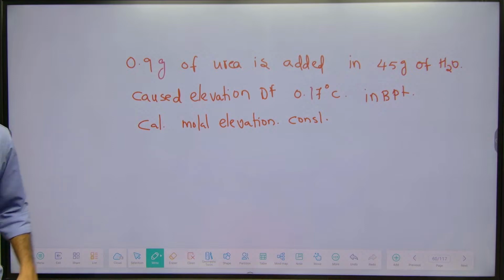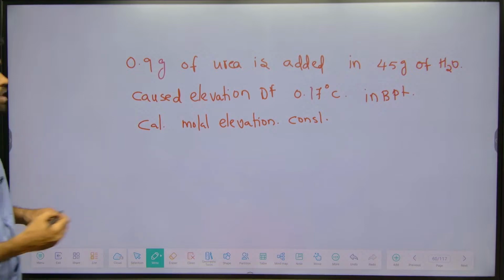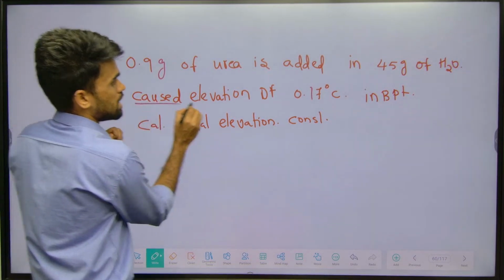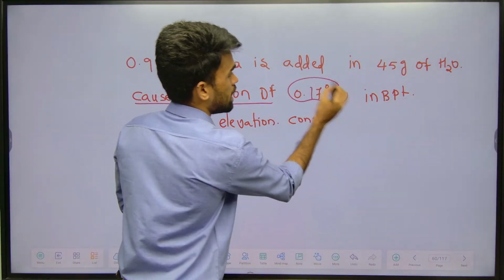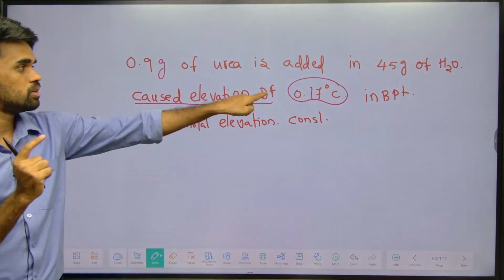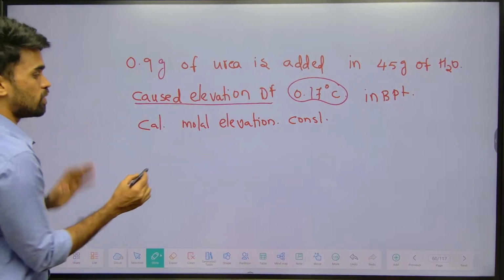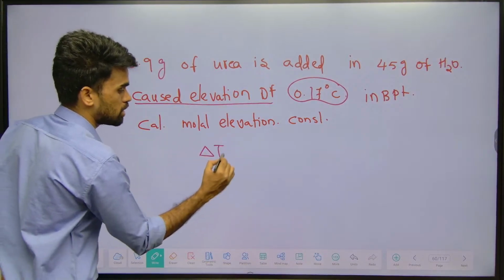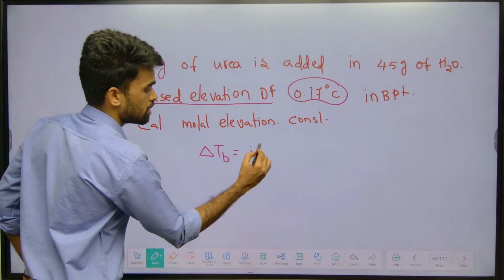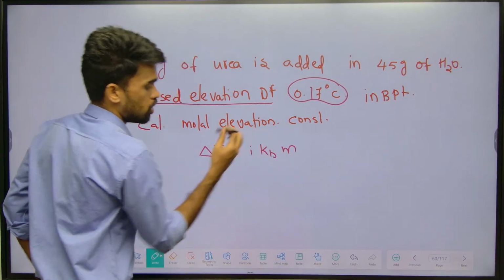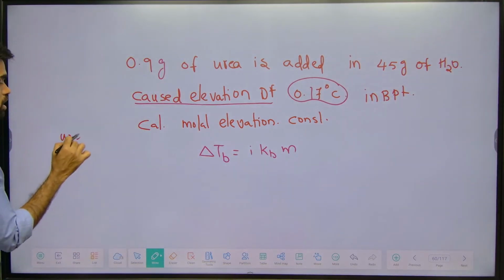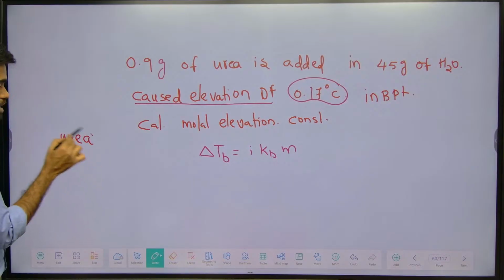It means what is that molar elevation constant? Kb. So now see, this caused elevation of this much. So what is the elevation in boiling point value? 0.17. So now what is the formula we have? Delta Tb equals i Kb m. Okay. See, urea is an electrolyte or non-electrolyte? It's a non-electrolyte.